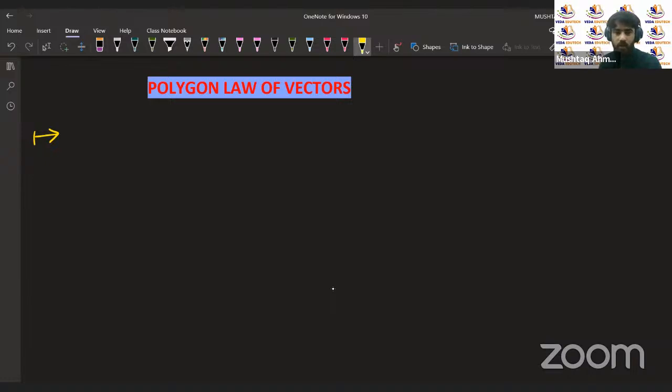Suppose we have some vectors, here vector A, vector B, and this is vector C. We can have n number of vectors. Let's suppose we are taking three vectors, A, B, and C, but all these vectors are taken in the same order.